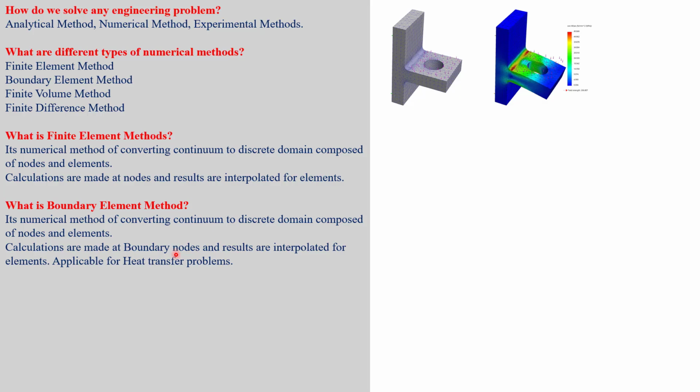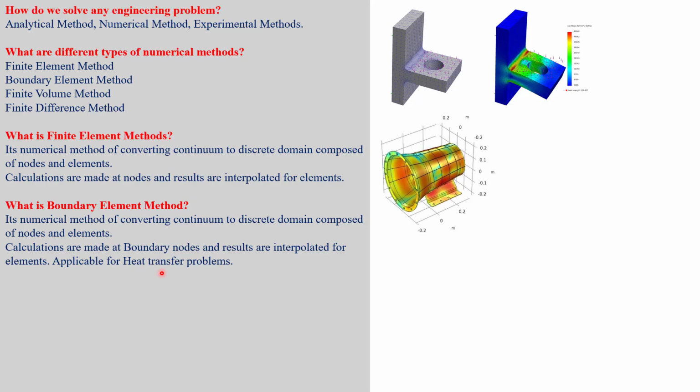For example, with heat transfer problems, if you do the thermal analysis, all the boundary nodes will be taken into account, and then the results will be related to the elements.